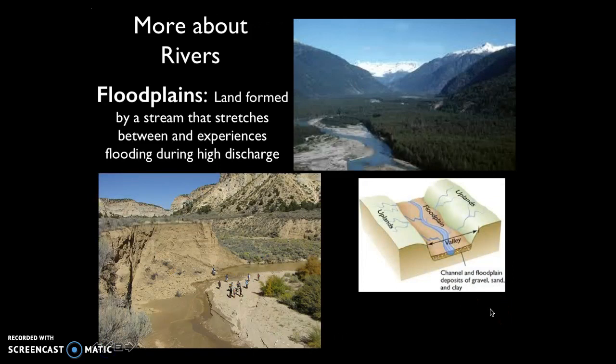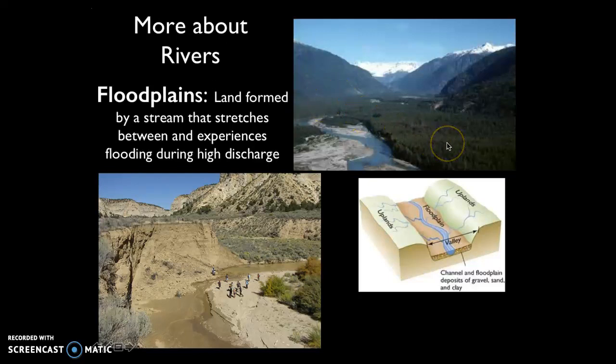So I talked a little bit about floodplain before, and depending on where the river is at which part of the longitudinal profile, you're going to get a larger floodplain, if at all, or a smaller one. So these two pictures are very good examples of floodplains. The one on the top, I believe, is in New Zealand, and you're seeing that the floodplain actually goes all the way to the edges of those mountains.